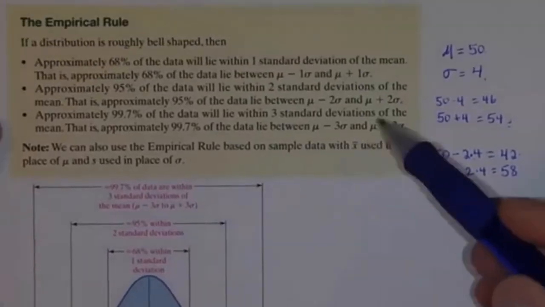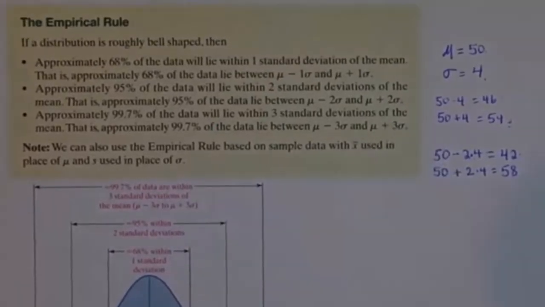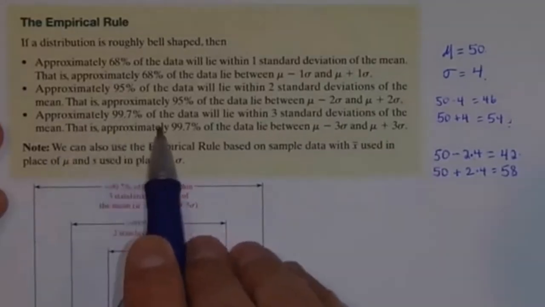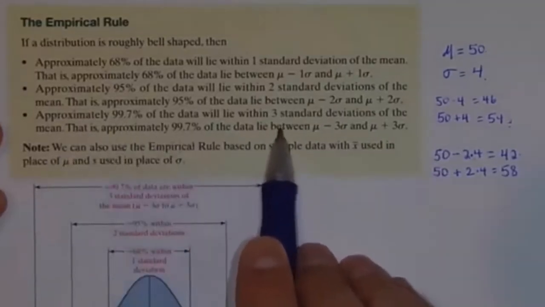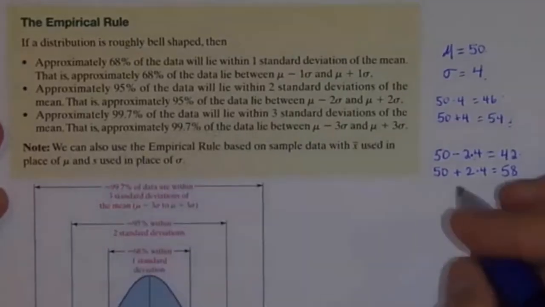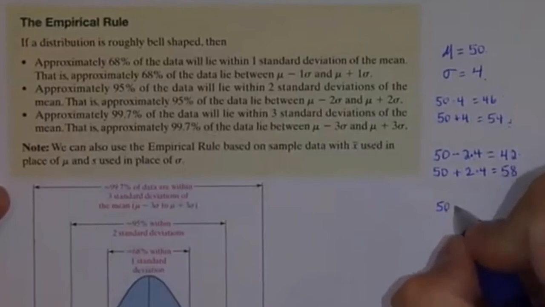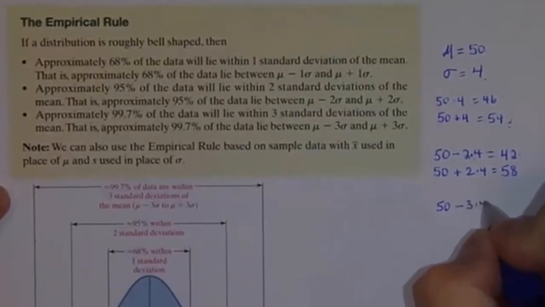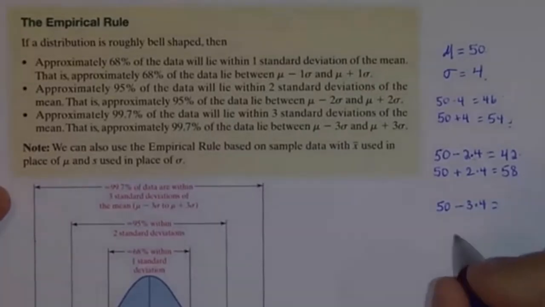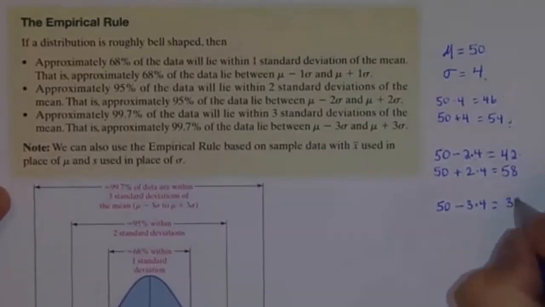And moreover, if I go for a third standard deviation, approximately 99.7% of the data will lie within 3 standard deviations of the mean. So if I were to take 50 minus 3 times the standard deviation of 4, well, 3 times 4 is 12, and 50 minus 12 would be 38.